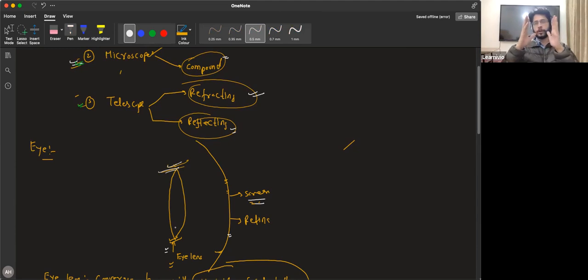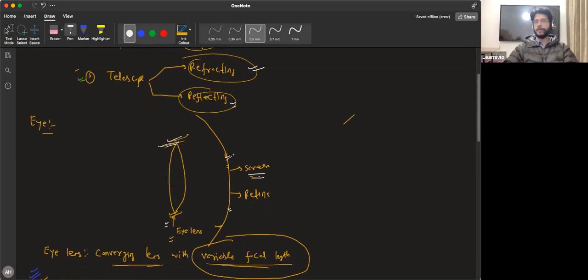If you want to look at a very distant object, a very far away object, then for that object, the focal length of the eye lens increases. But if you want to look at an object which is very close to your eye, then for this object, the focal length of the eye lens will decrease. So the eye lens is a convex lens, but its focal length can vary. And then you have retina, which is the screen.